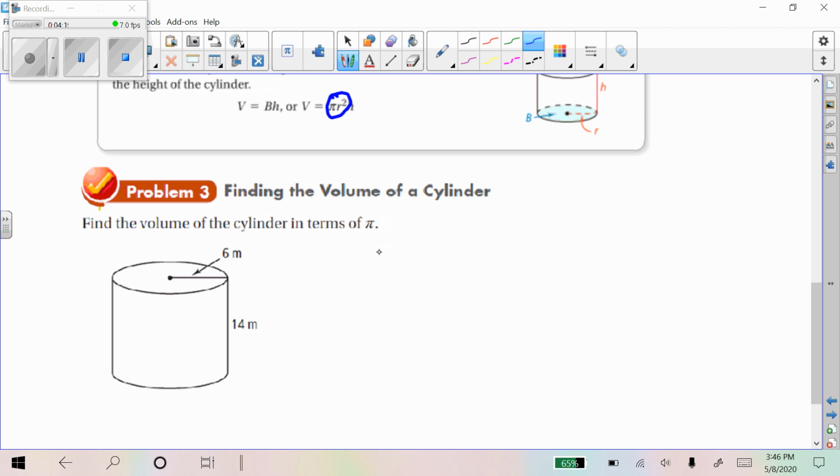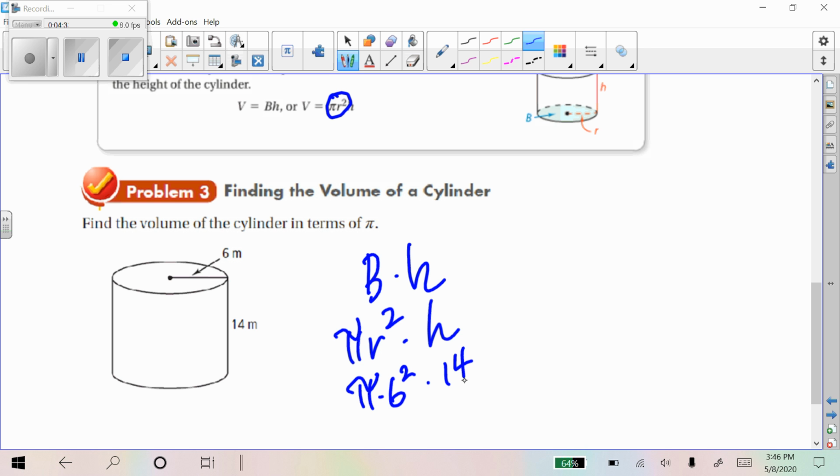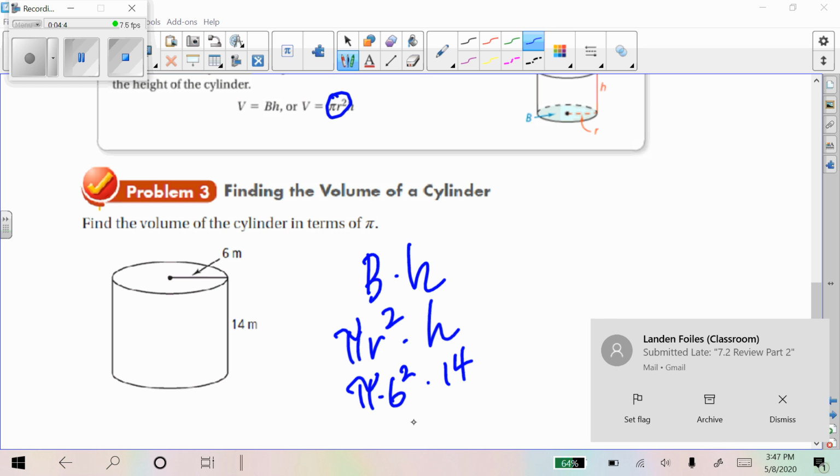So base area times height is pi r squared times height, which is pi times 6 squared times 14, which is 36 times 14, which is 504 pi in terms of pi.